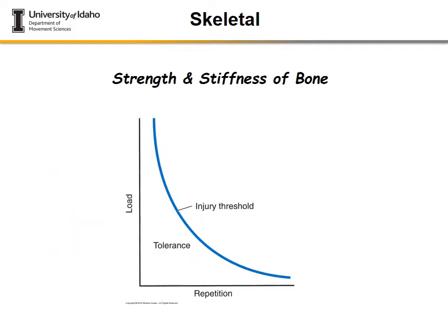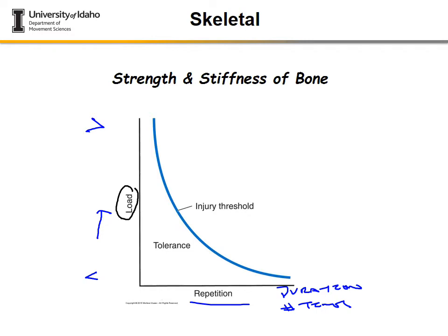This graph here is very important. If you look at the graph, you'll see on the y-axis we have load, and on the x-axis we have repetition. And repetition can mean one of two things. It could mean duration of the applied load, or it can be the number of times the load is applied. As we go vertically up, this is a greater magnitude of load, and this is a smaller magnitude. So it could be compression, tension, or shear.